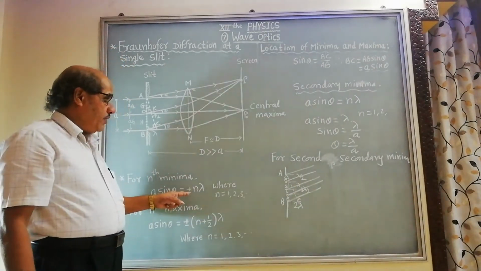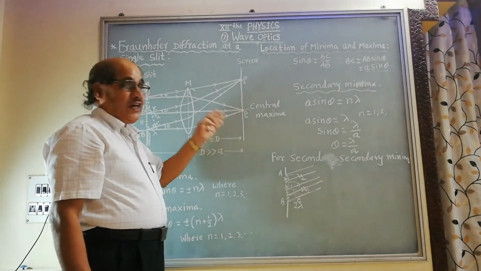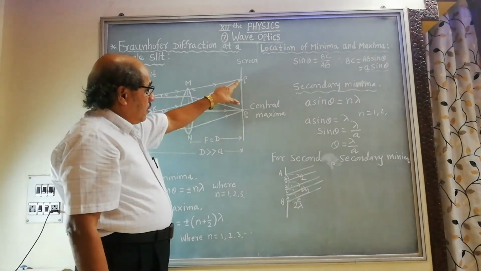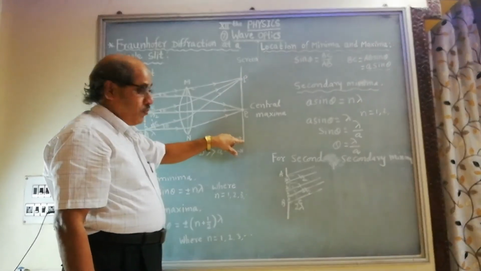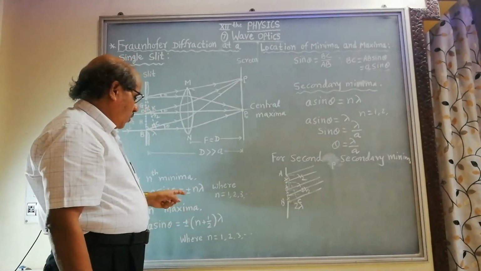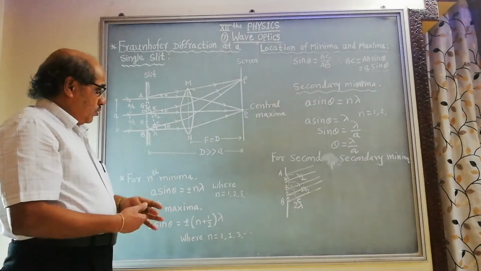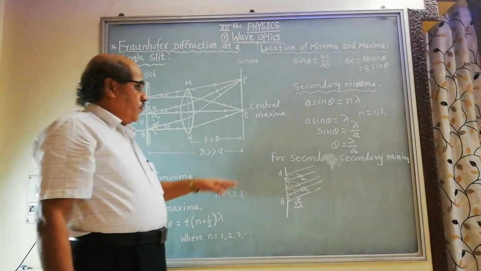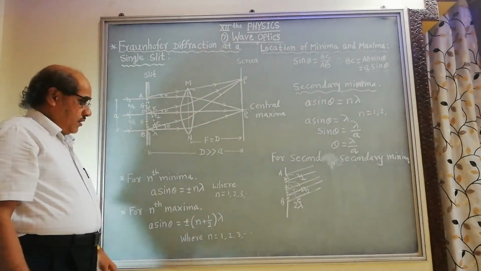Here plus or minus because we have considered the entire diffraction pattern, above P0 and below P0. That's why we have the plus or minus sign. So this is for the nth minima.